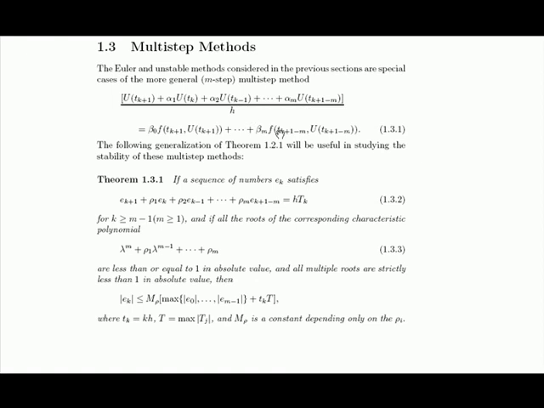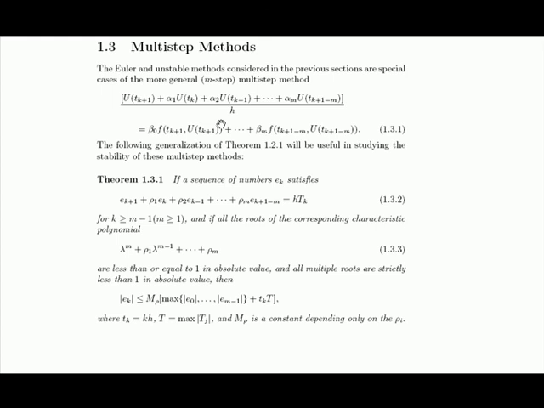The right-hand side is supposed to approximate alpha of t and u. It's a linear combination of alpha at several different points. So the alphas are coefficients of the u's, the betas are coefficients of alpha. So for Euler's method, for example, beta 1 would be 1, the other betas would be 0. In fact, the unstable method also. And for Euler's method, alpha 1 would be -1, and the other alphas are 0, for example.